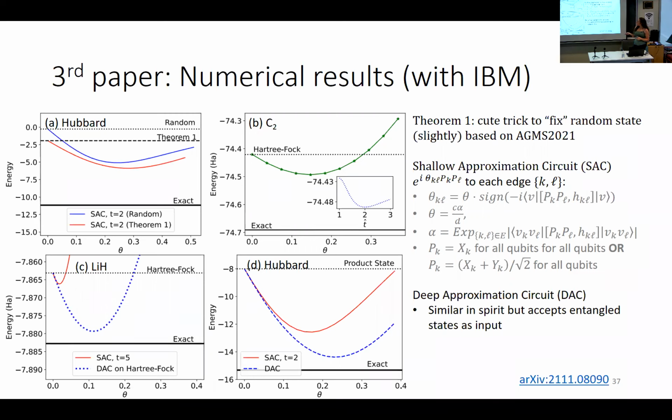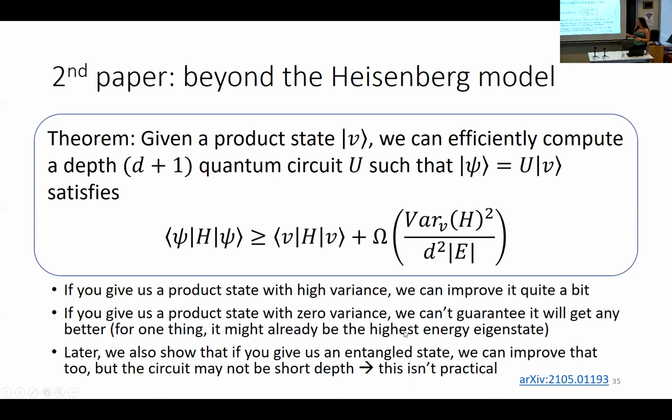And then we also applied this. We started from a product state for the Hubbard model, and for the chemistry molecules, we started from the Hartree-Fock state, which is another easy product state to calculate. The deep approximation circuit is the second algorithm I was talking about, where you can start from an entangled state, but then you might not get a short depth circuit.